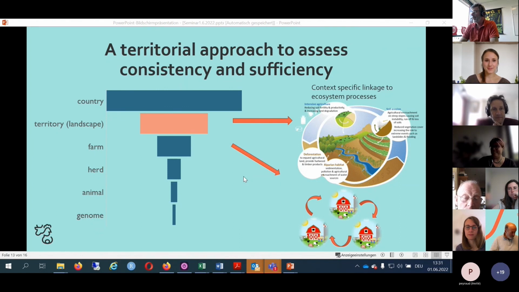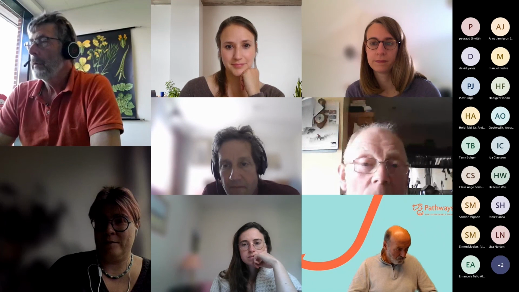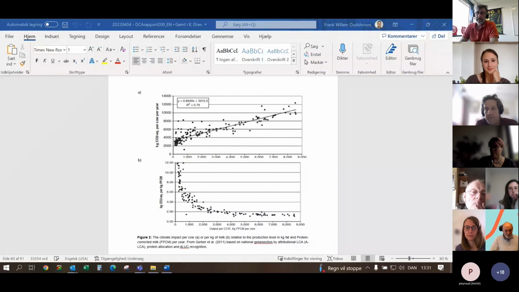I would just want to show one slide, because now you're talking really a lot about efficiency, and this is maybe the wrong metric, but if you can see these graphs here, in the lower graph, the kilo carbon dioxide per kilo of milk produced, corrected by fat and protein, you can see that even though the cows may become more efficient when they produce 8,000 and 9,000, actually the climate impact per kilo of milk is not going down anymore.